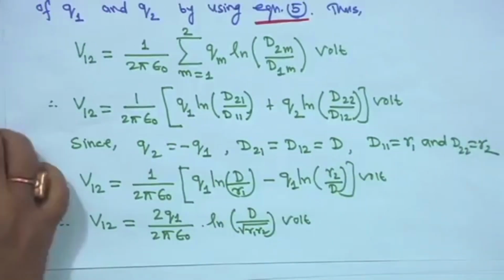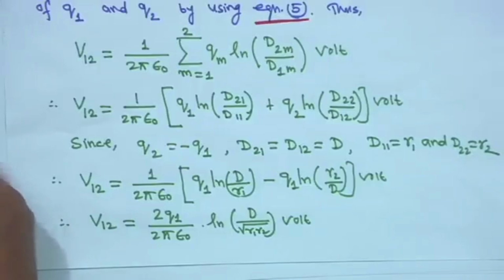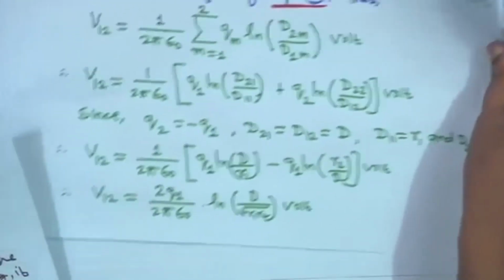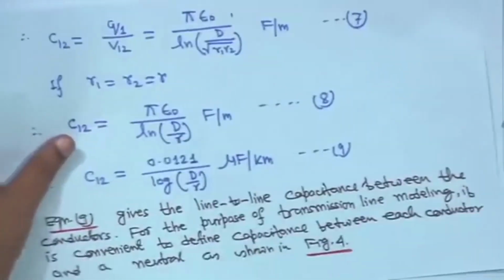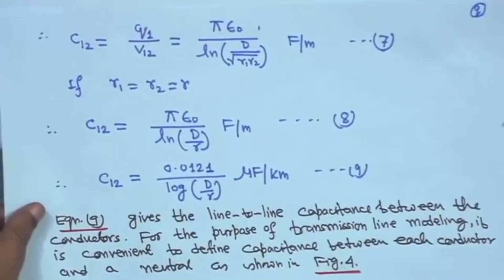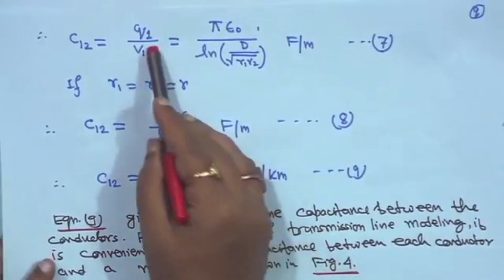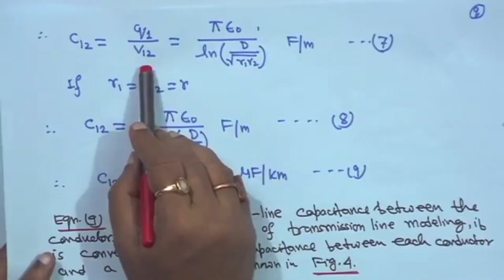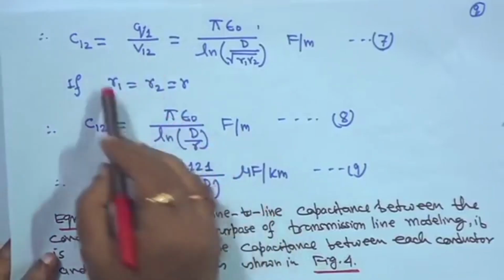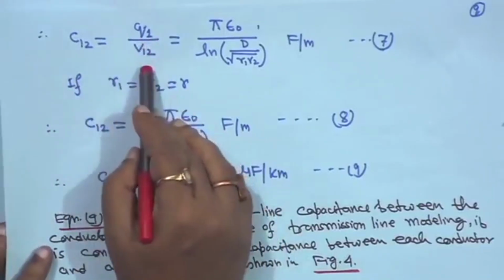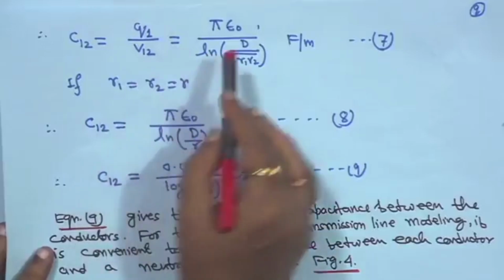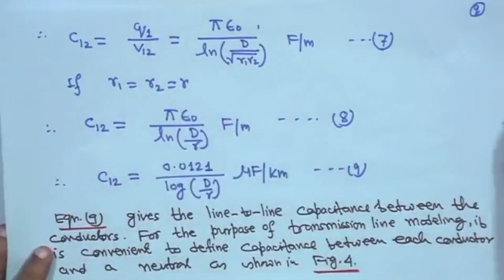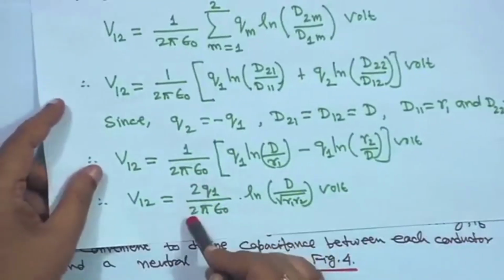That means our objective is to find the capacitance between the two lines, C12. Therefore, C12 is equal to q1 upon V, since q is equal to CV in general. Therefore, C is equal to q by V. So C12 is equal to q1 upon V12, which is pi epsilon 0 upon ln d upon root r1 r2, because the 2 will be cancelled.